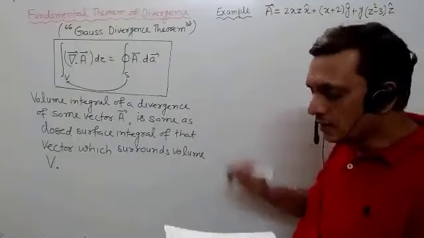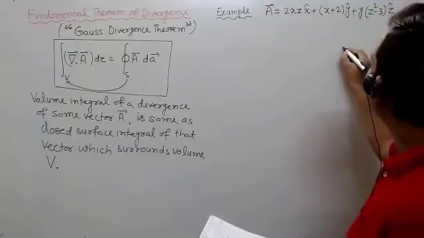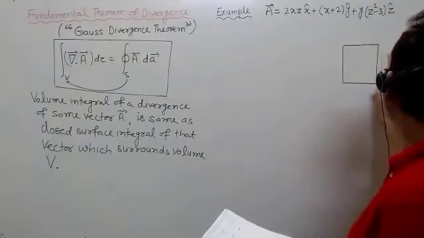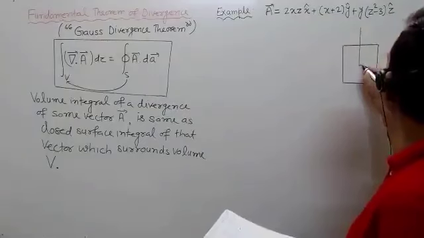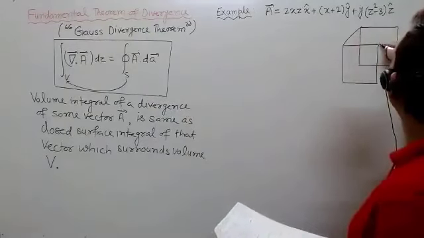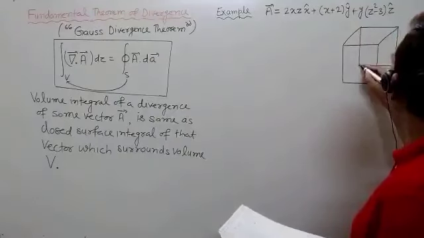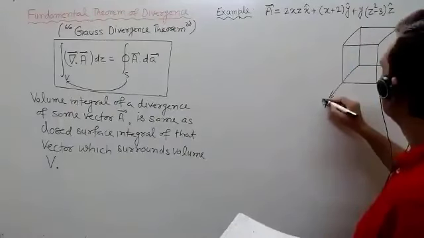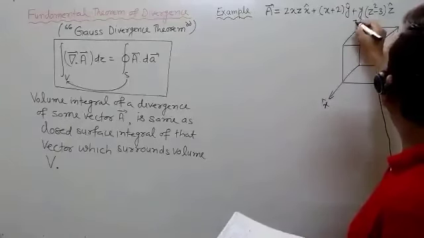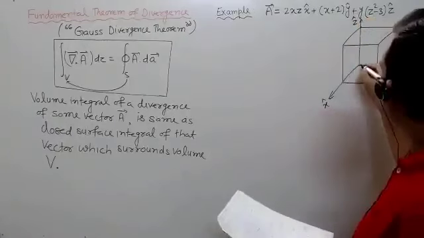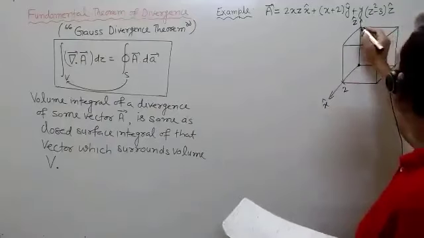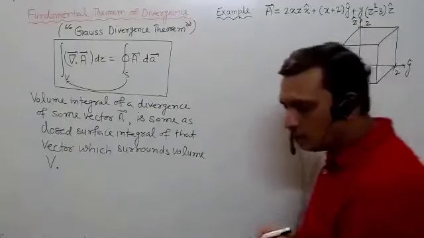So this vector is given and a particular volume is also specified. So this is x cap, this is y cap, and this is z cap. This is the origin and its sides are 2. These sides are 2.